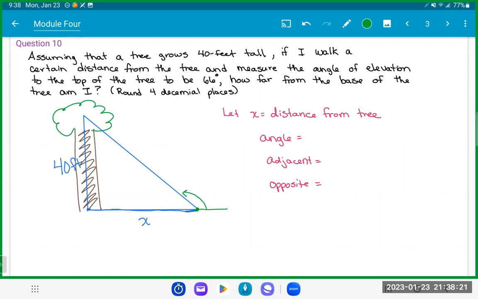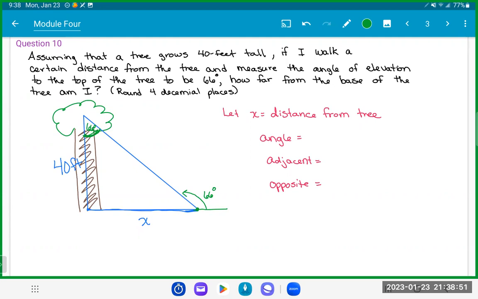So it's telling me here that my angle of elevation is 66 degrees. Well, by the rule of how triangles work, opposite interior angles, this angle right here must also be 66 degrees, okay? Essentially, because if you think about it, a straight line is 180 degrees.